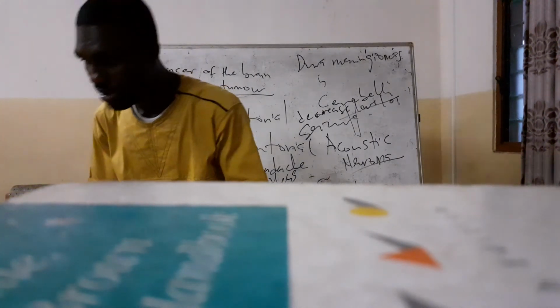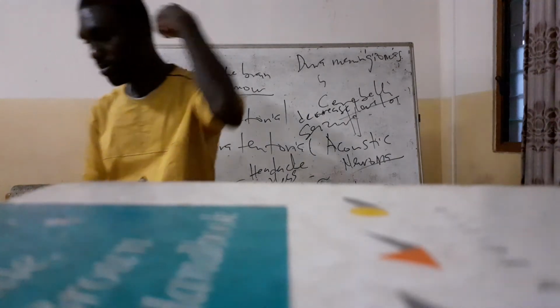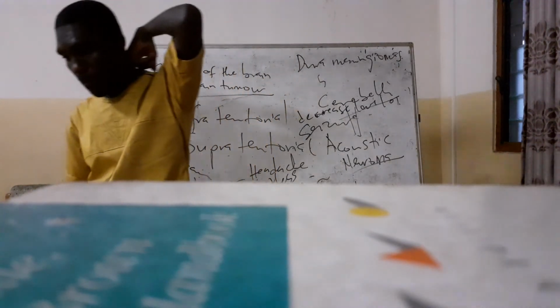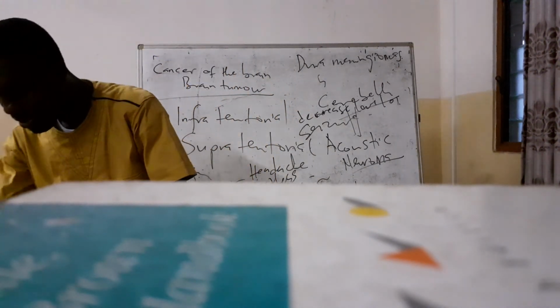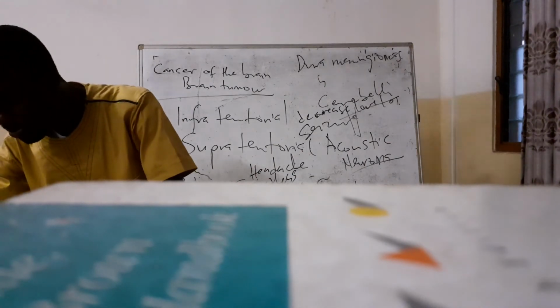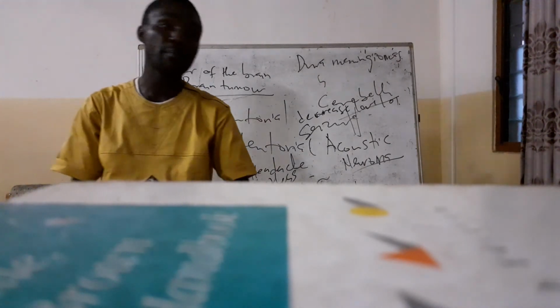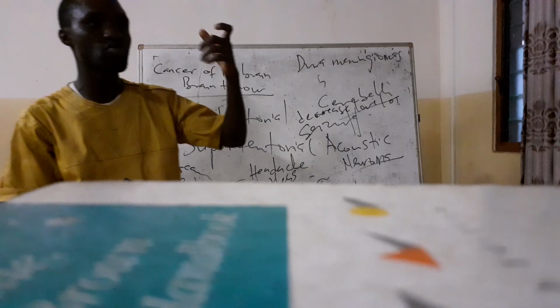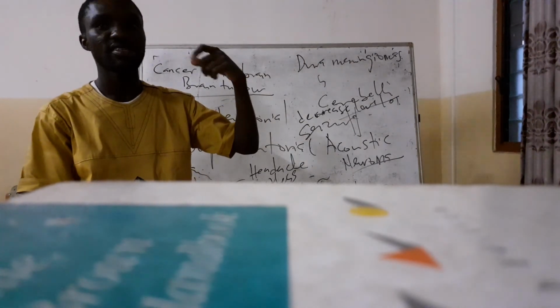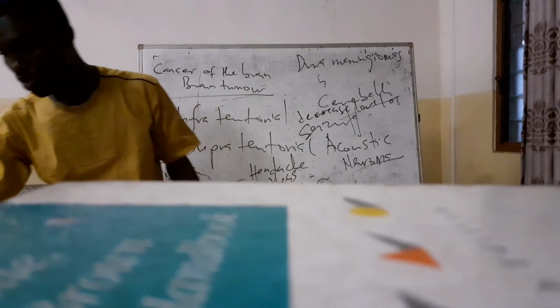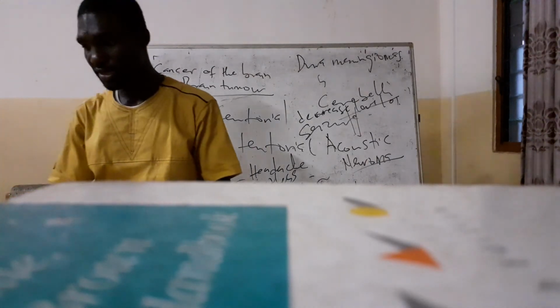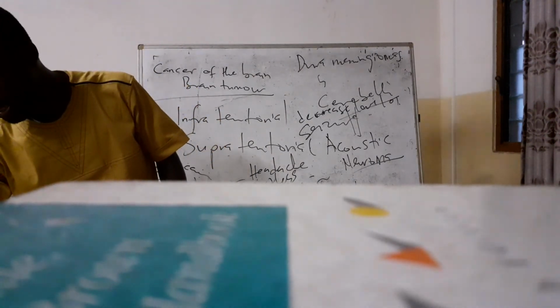So it's similar to the head injury. Sometimes you have to do the lumbar puncture and then all that. Okay, and then cerebral biopsy, right? Because it's cancer, sometimes you want to analyze the tissues to be sure that it's cancer but not any other.